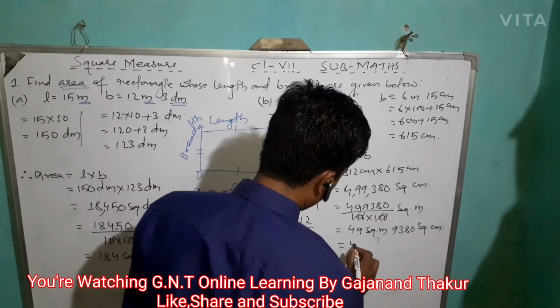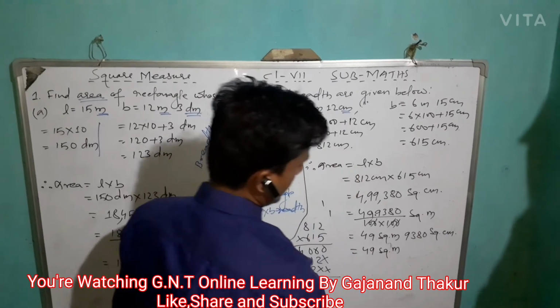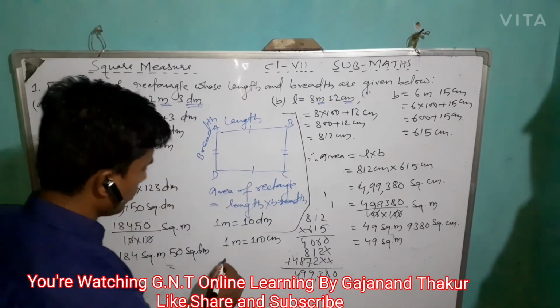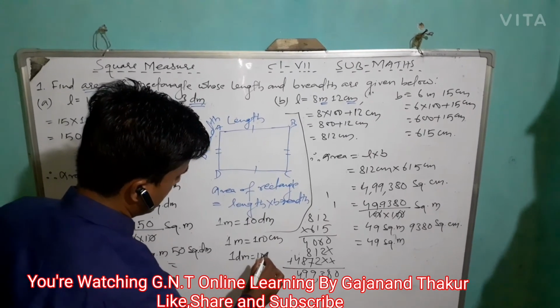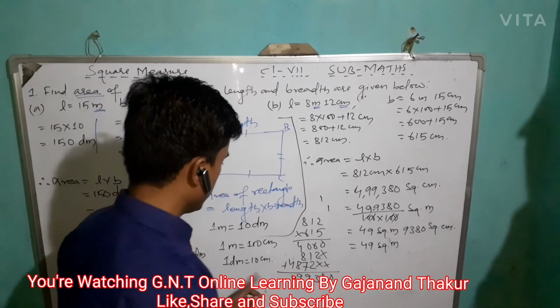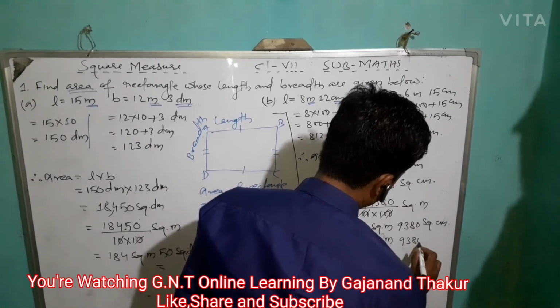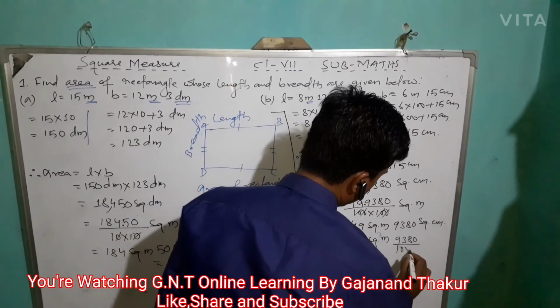So what will we do here? 49 square meter, let's keep as it is. Now this one will change into decimeter. Here we know that 1 decimeter equals 10 centimeter. So 9380 divided by 10 into 10.